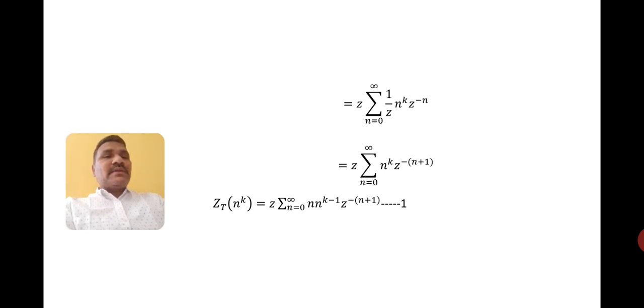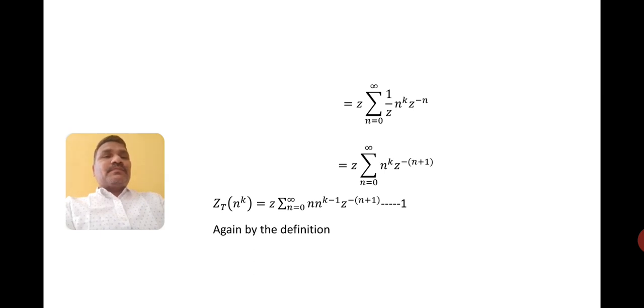So the multiplication I wrote as n to the power k, which is already there, minus 1. Why minus 1? I said multiplying and dividing by n, therefore you will get n to the power k minus 1. This one as it is, z to the power minus (n plus 1). Right. Let me call this equation 1.